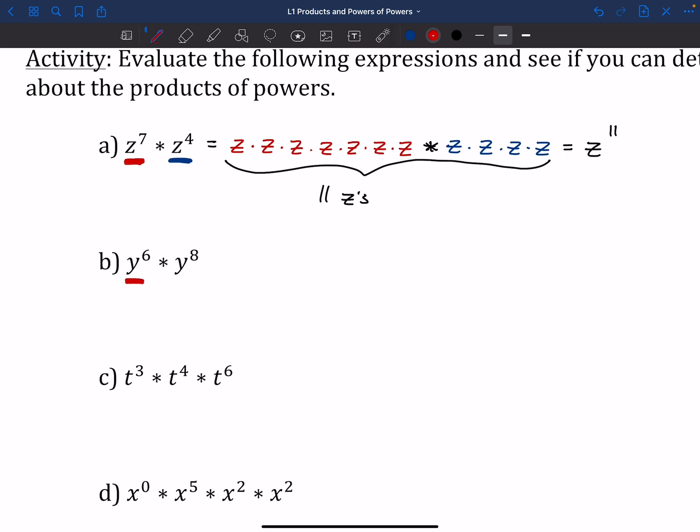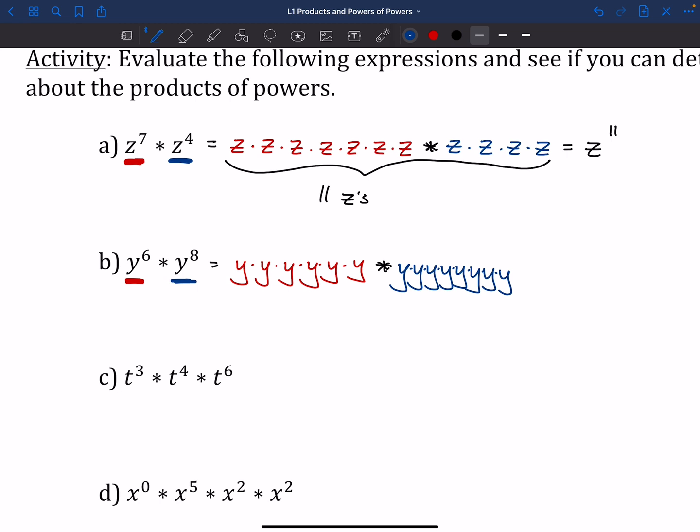So we've got y to the 6th. We've also got y to the 8th. So y to the 6th is 6 y's. 1, 2, 3, 4, 5, 6. We're then multiplying that by 8 more y's, the ones that are underlined in blue. 1, 2, 3, 4, 5, 6, 7, 8. I really should be putting little dots in there, but it does mean the same thing either way.